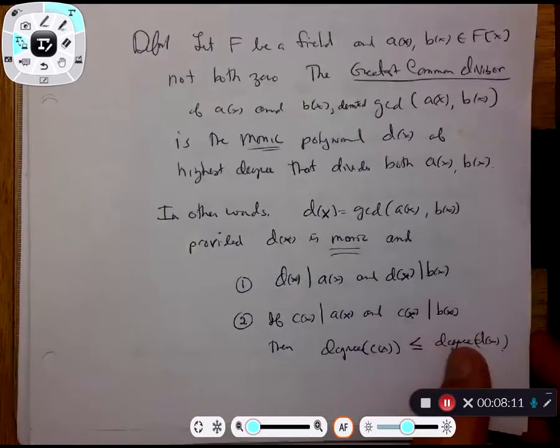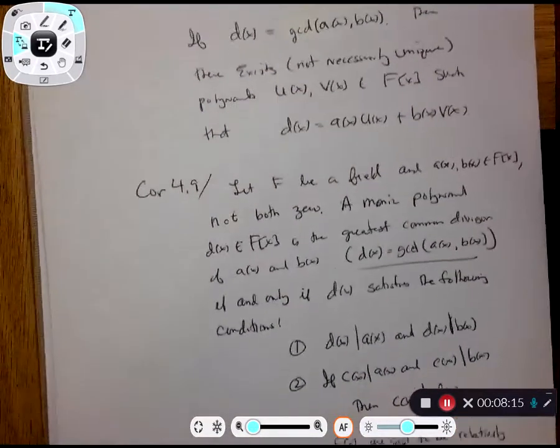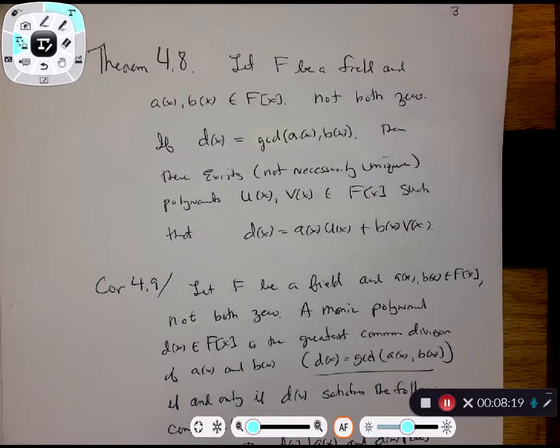So if the definition is that close, take a wild guess of what the next theorem is going to be. And catch your patterns here. Theorem 4.8. This is another one of those theorems that you're going to look at and go, I'm going to use him a lot.